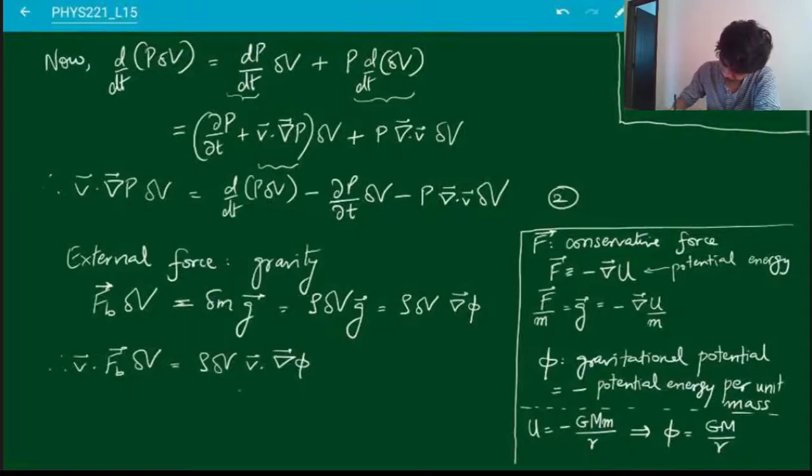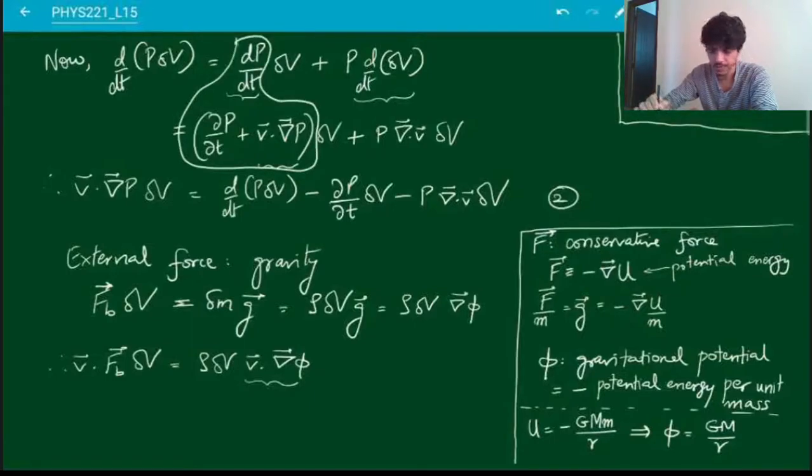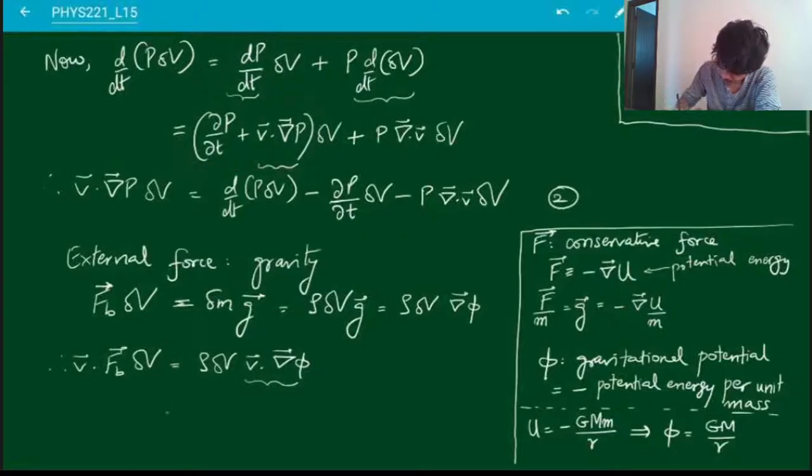But this V dot gradient of phi, again from what we had derived in the previous lecture, is the difference between total derivative and partial derivative. Basically it's this same rule. Total derivative is partial derivative plus V dot gradient. So same thing over here. I'm going to write this as total derivative minus partial derivative.